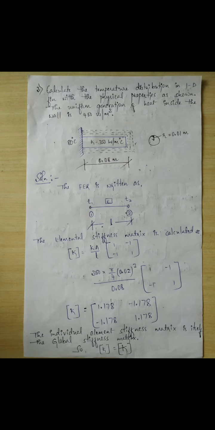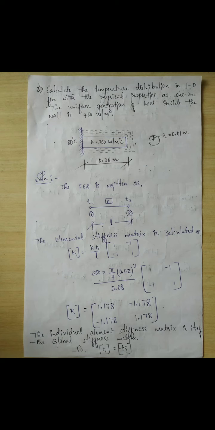As per the problem definition, in place of small letter k in RHS, substitute 300. In case of A, you substitute the formula pi by 4 d square. That is pi by 4 into 0.02 whole square divided by, in place of small letter L, you substitute 0.08.